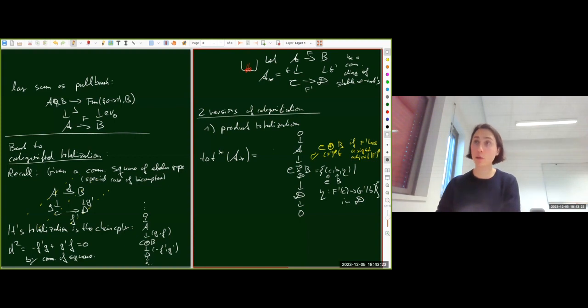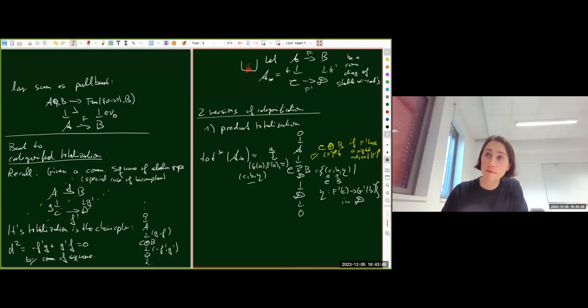Let me tell you what the differential does. I'll only tell you an object. A is mapped to G of A, F of A, and then eta is the equivalence expressing the commutativity of the diagram, because F prime of G of A is equivalent to G prime of F of A. The other differential maps C, B, eta to the cone of eta.